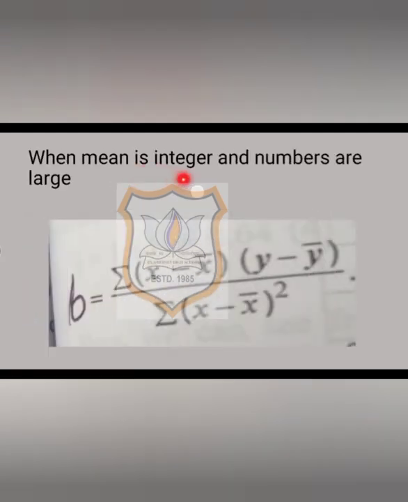When the mean is an integer and the numbers are large, as we had done in the previous chapter, in the same way the regression coefficient can be found by the formula b = Σ(x − x̄)(y − ȳ) / Σ(x − x̄)².